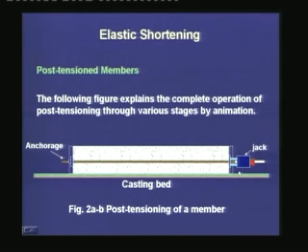Hence, if we have only one tendon, then there is no elastic shortening loss from the value of the force recorded by the jack. But if we have more than one tendon, then the tendons which are tensioned earlier will have a loss during the tensioning of the subsequent tendons.